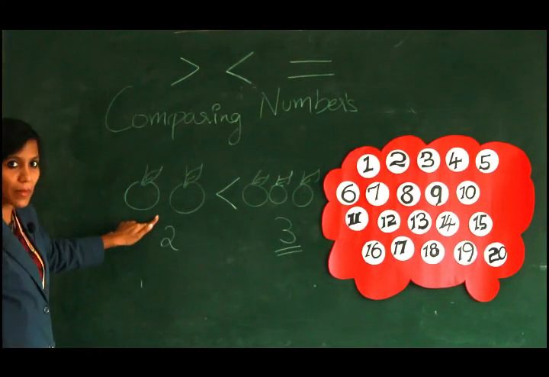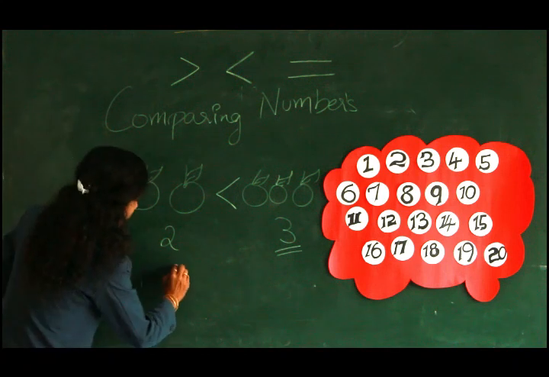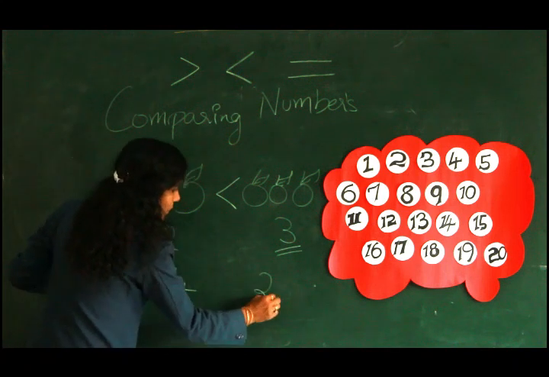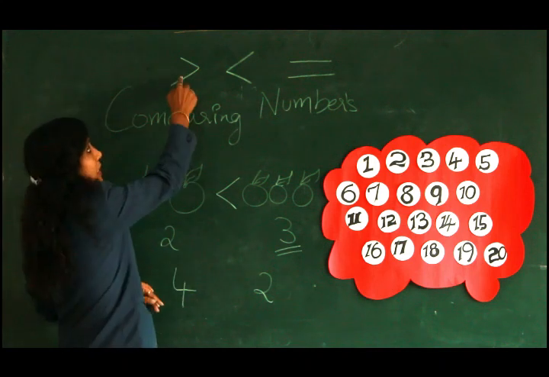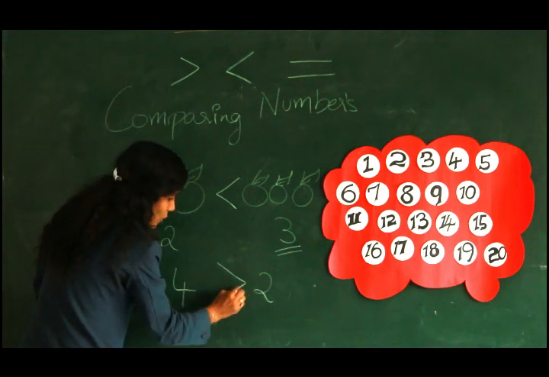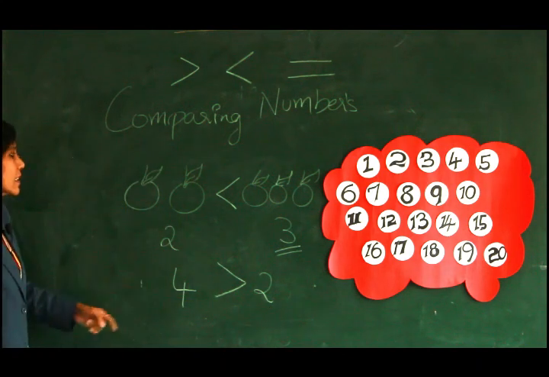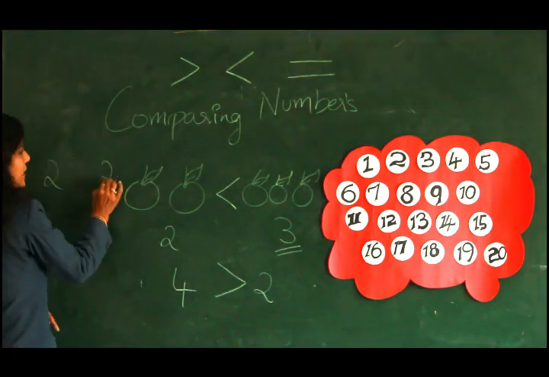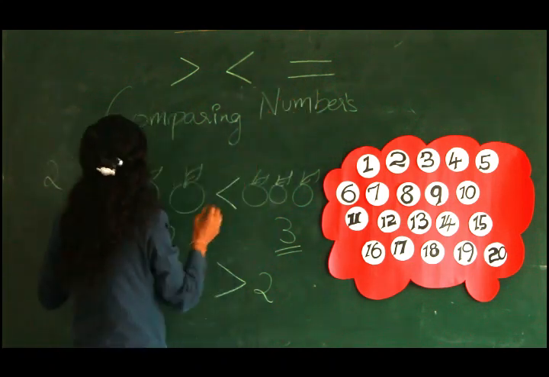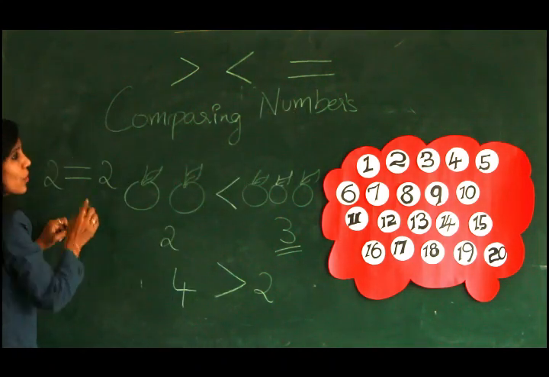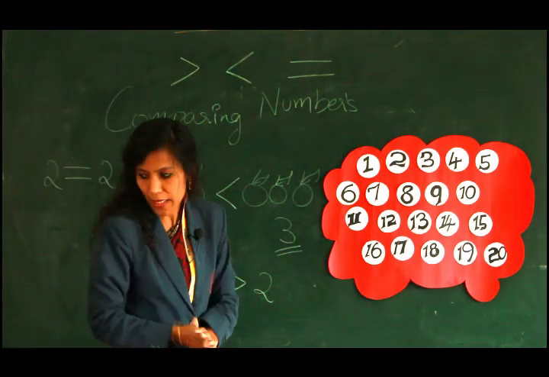If the number towards right is more, for example 4 and 2, we take the open mouth of the alligator towards right. What happens if both numbers are the same? If both numbers are the same, we put equal to. So let us do this in beads.